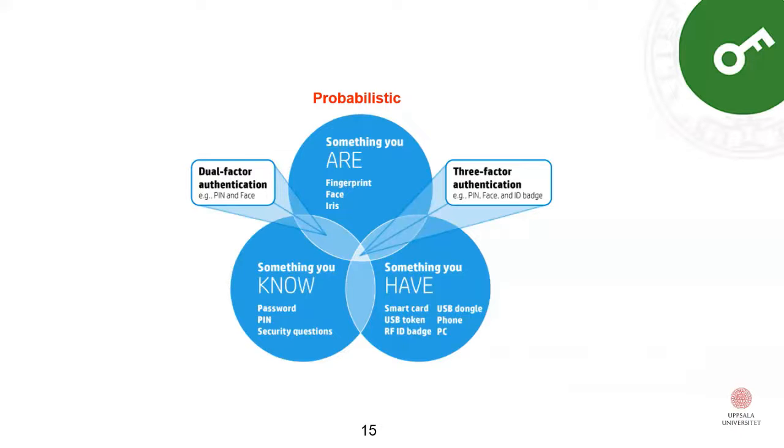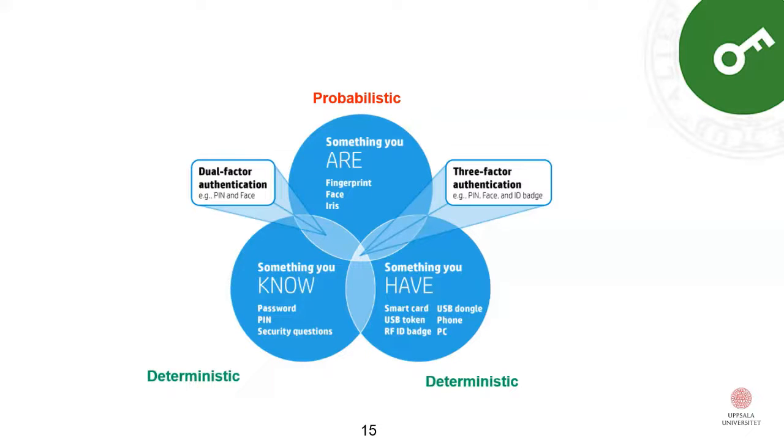For example, maybe your twin brother or sister, or maybe even your child might be recognized as you. So there are some cases where the system might not work. So these kinds of methods are called probabilistic.